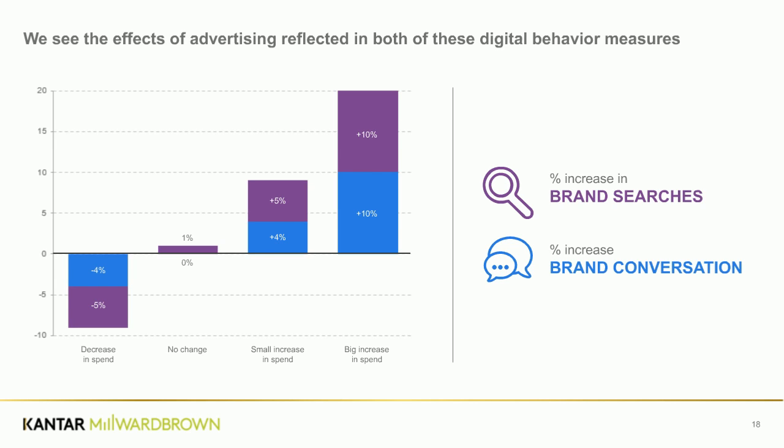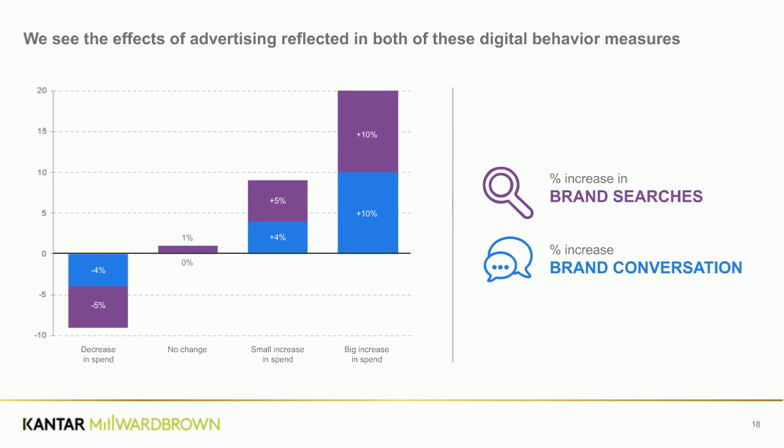We see both brand searches and brand conversation increasing in line with a brand's media spend. So if a brand increases its media spend, then we know that that is likely to result, on average, in an increase in conversation and an increase in search, and vice versa for decreases.